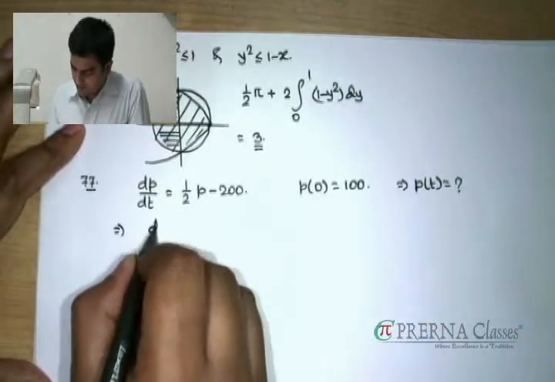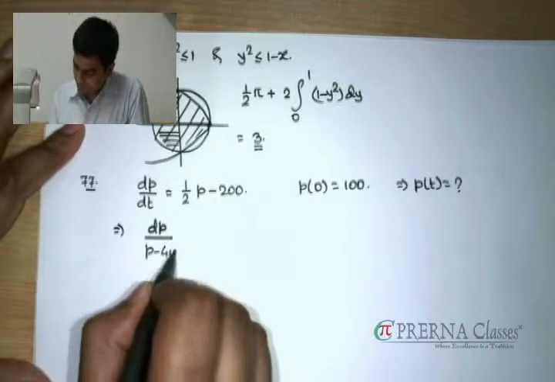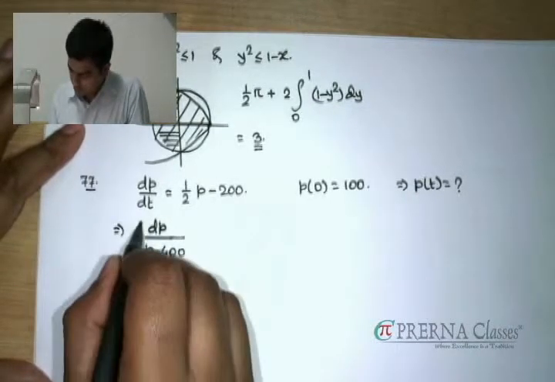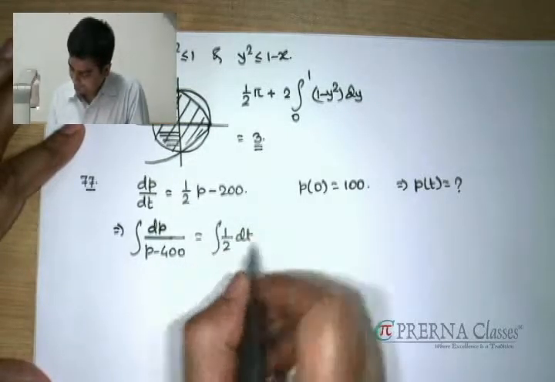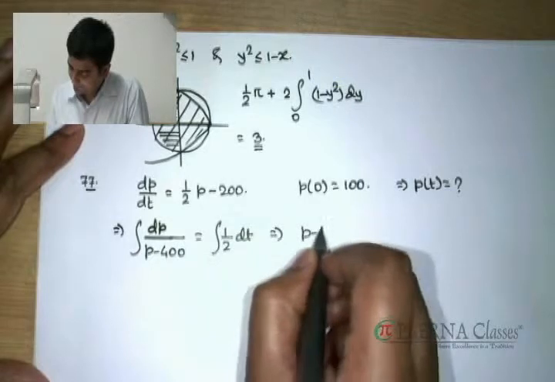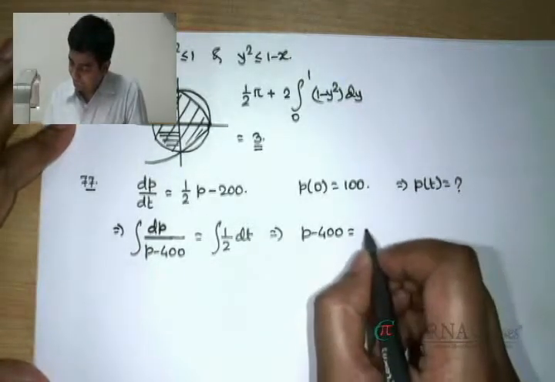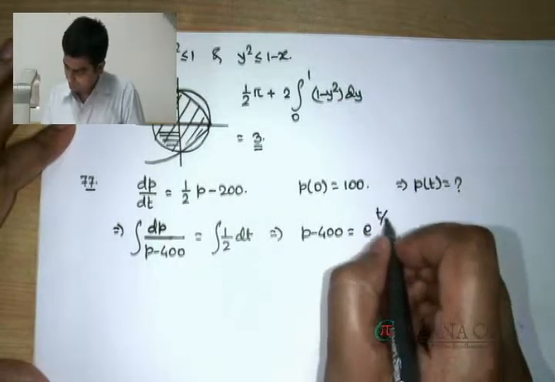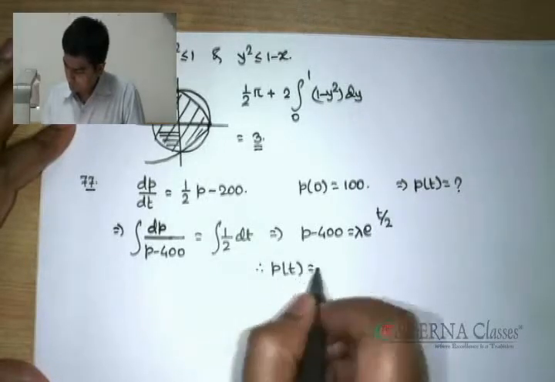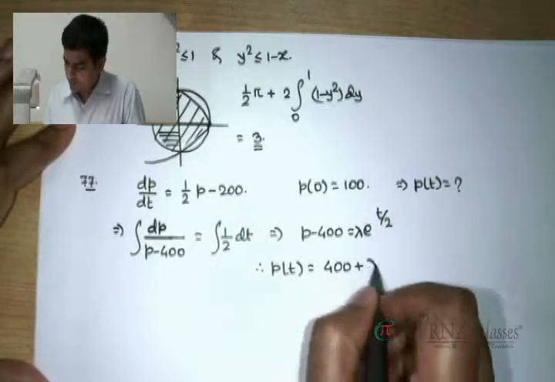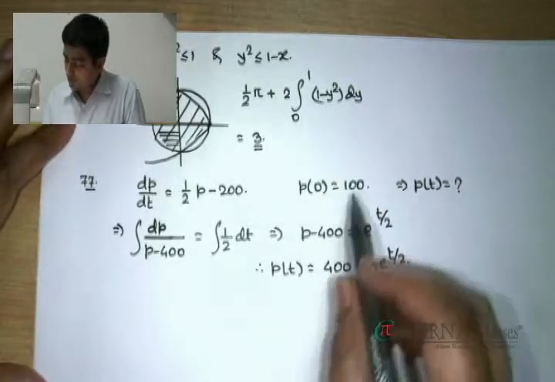If I go in for the direct integration for this, clearly you can check this is related with, which is simplifying to, hence the value of that p(t) is going to be 400 plus lambda e to the power t by 2.